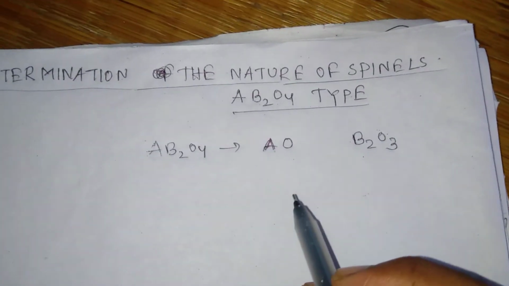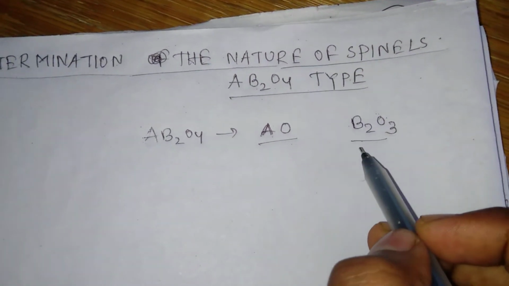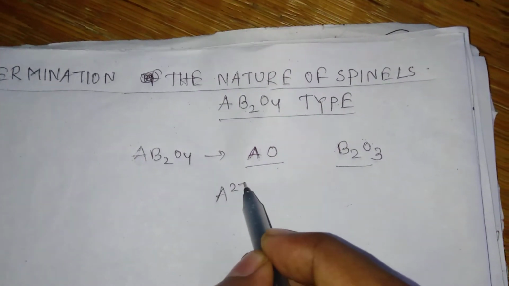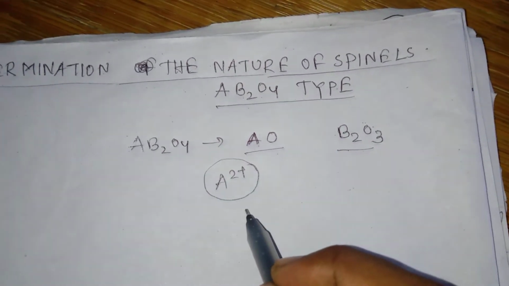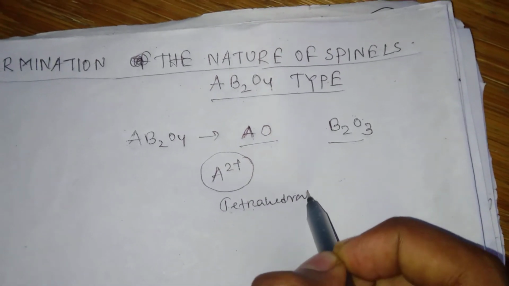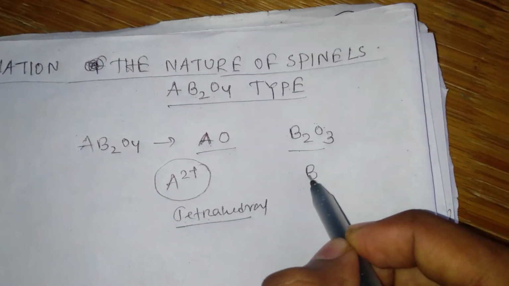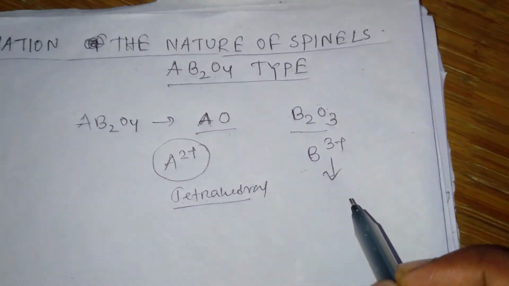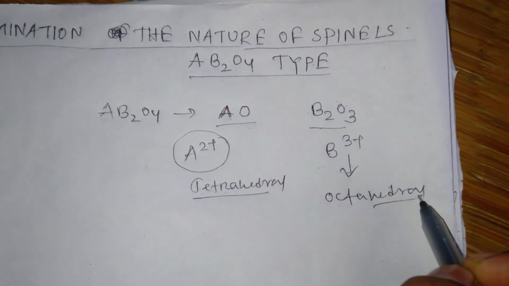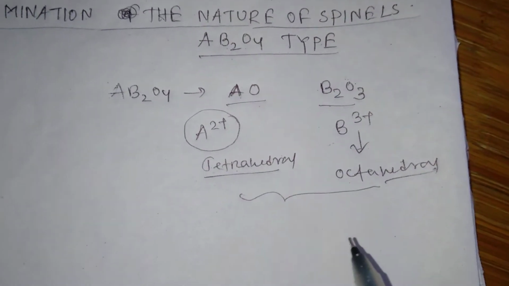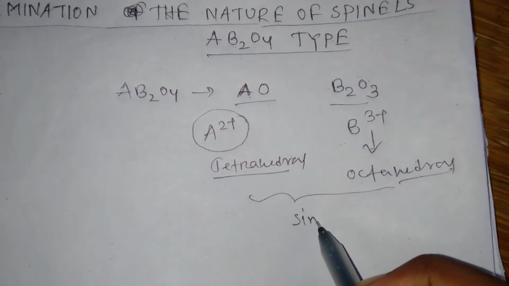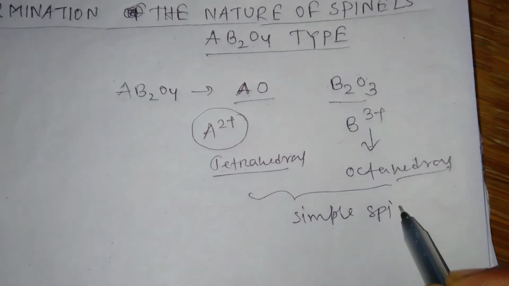Okay, AO and B2O3. Now we know that if A2+ exists in tetrahedral holes and also B3+ exists in octahedral holes, then we get the nature of spinel like simple spinel.